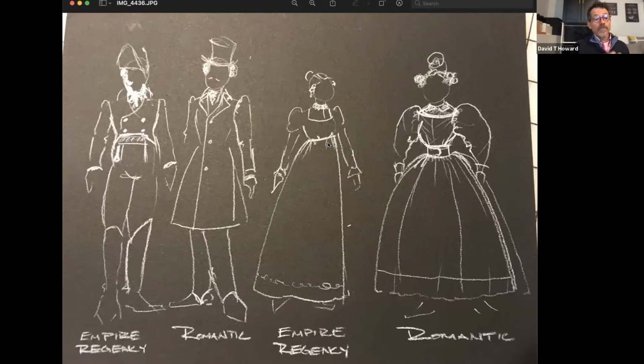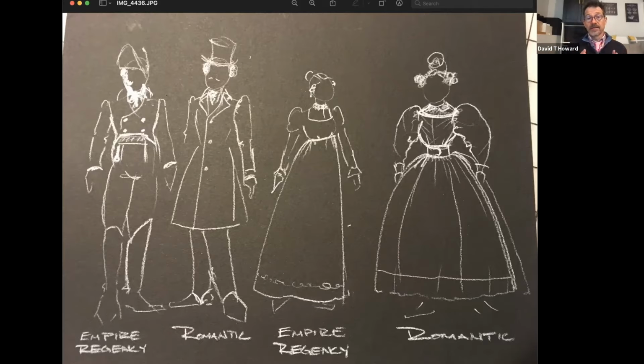And when we think about that term in costume history of romantic, what are we talking about? We're talking about an exaggeration of the human body that is underneath. And this encapsulates it in many ways. When we see the empire for both men and women, what we ultimately see is a very classic silhouette, right?